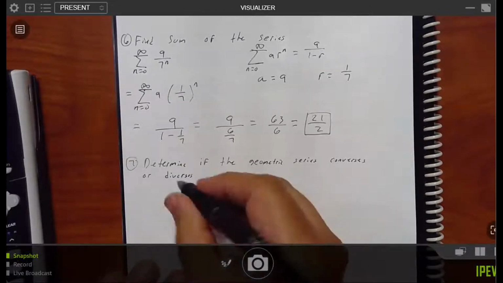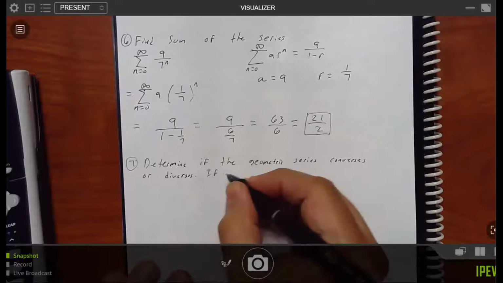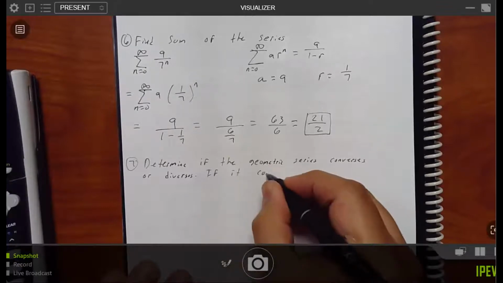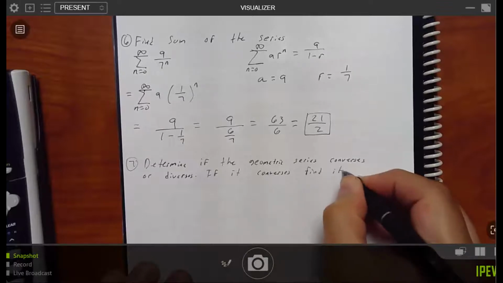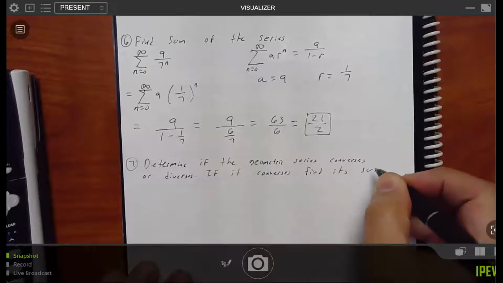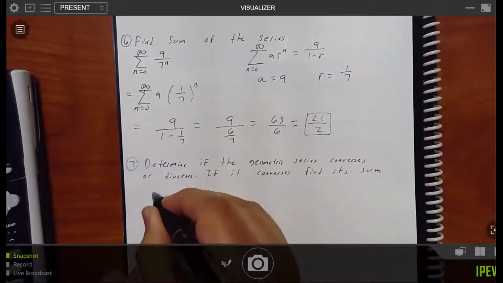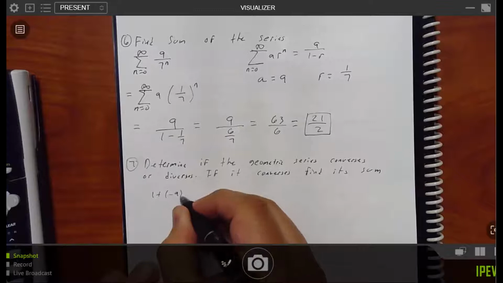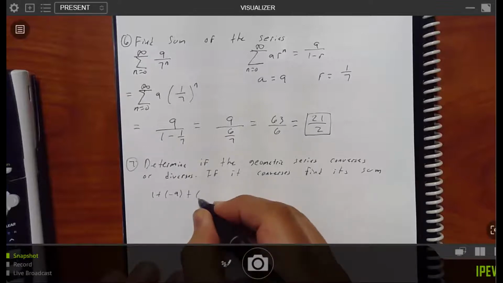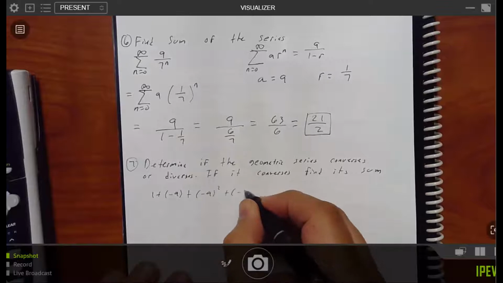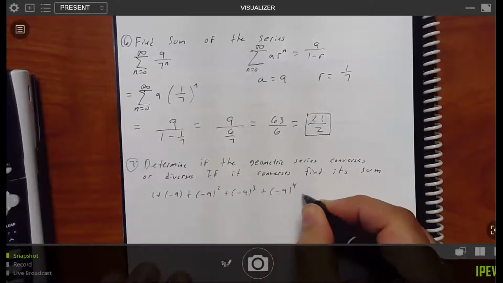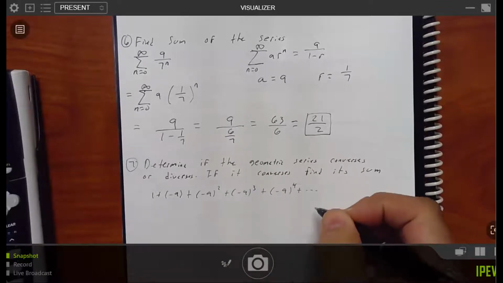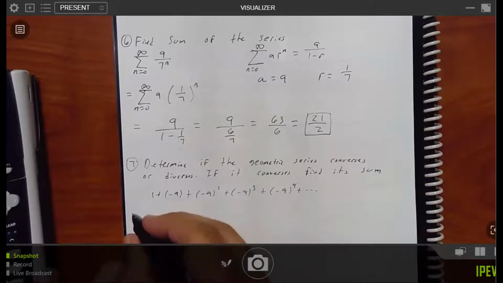Okay. If it converges, find its sum. So all they give us is this 1 plus -9 plus -9 squared plus -9 cubed, -9 to the 4th. So first is create the series. What is the series?